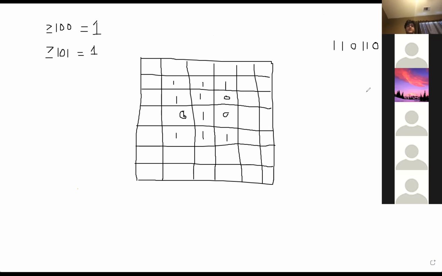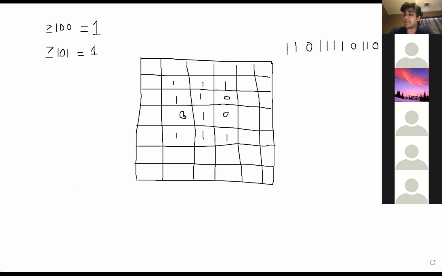So any ideas on how we can count the number of rectangular one subgrids? One thing you can be thinking about is that in order to make this faster than n squared, I can't look at every single range, every single segment.